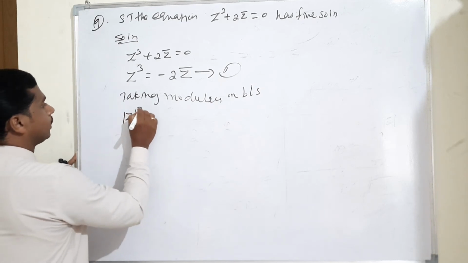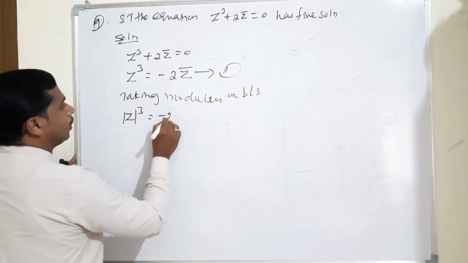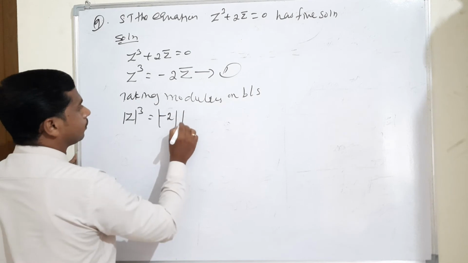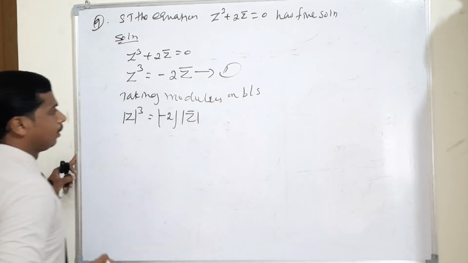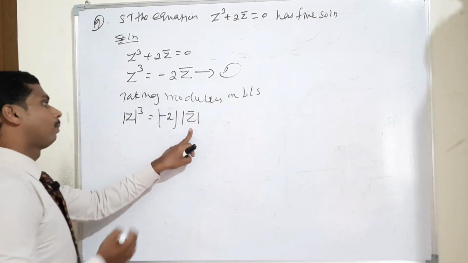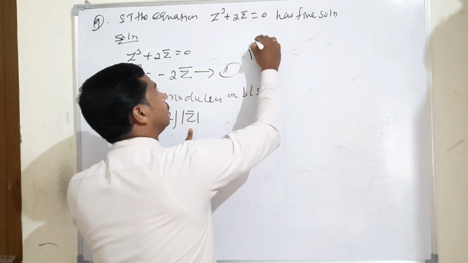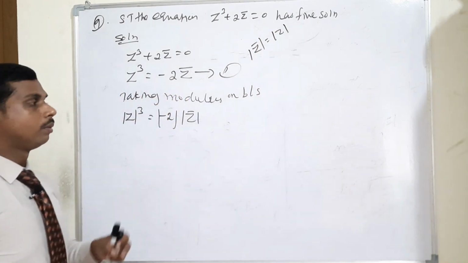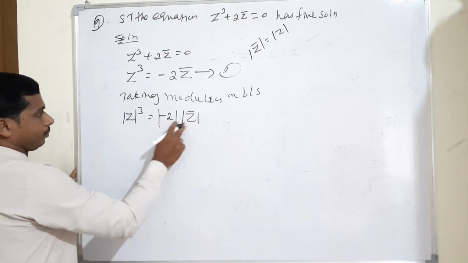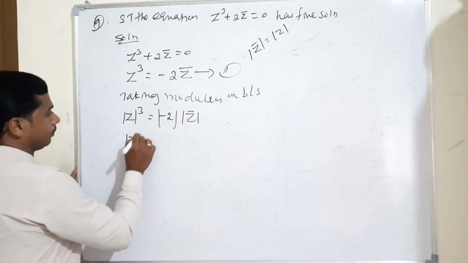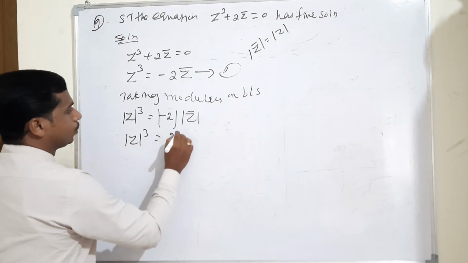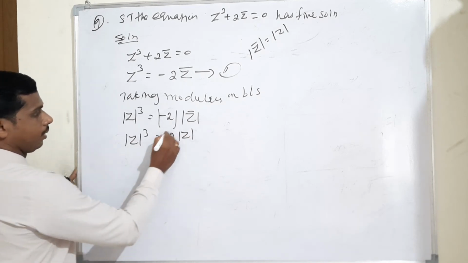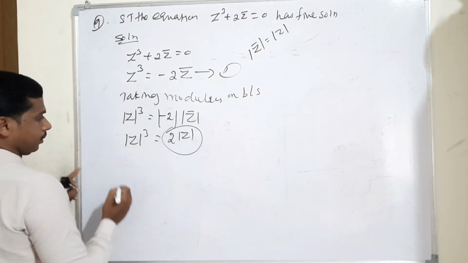So modulus of z cube is equal to 2 modulus of z bar. Then here we can apply one property: modulus with the bar means we can write modulus only without bar. So now again modulus of z cube is equal to 2 mod z.